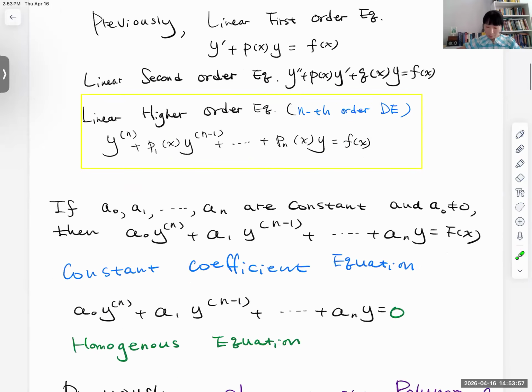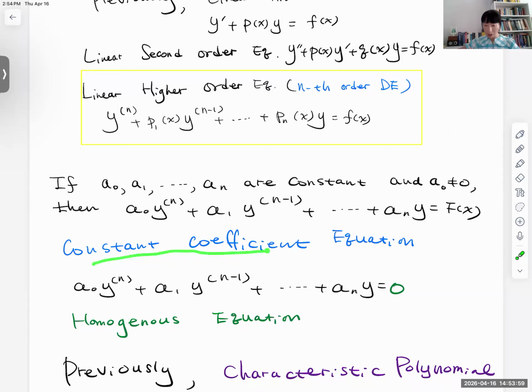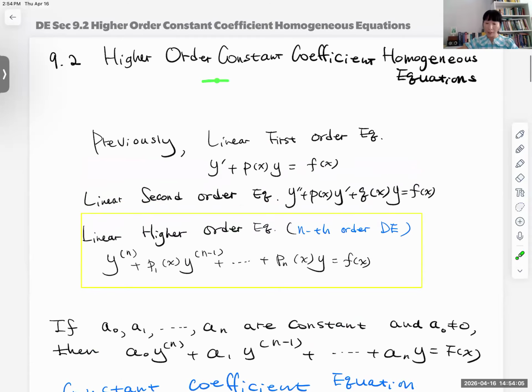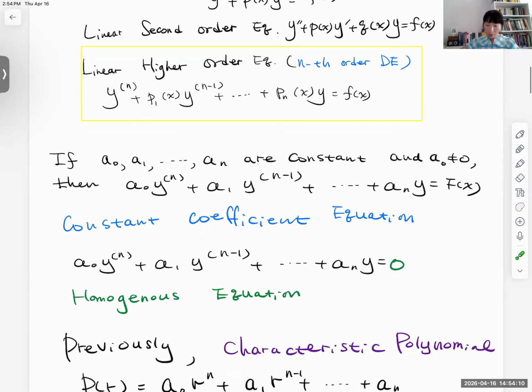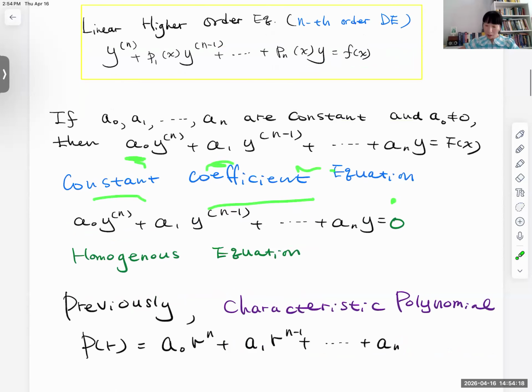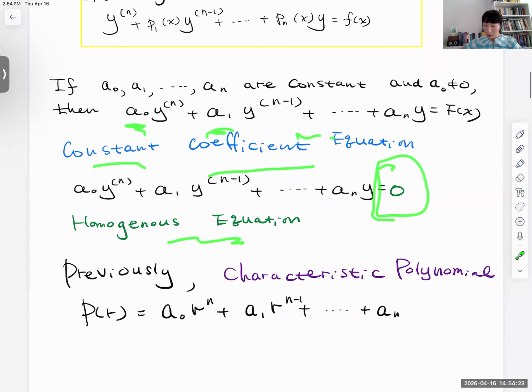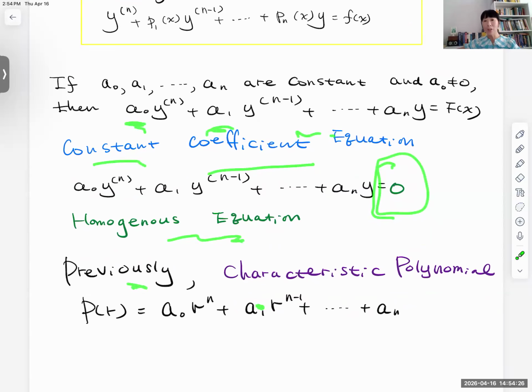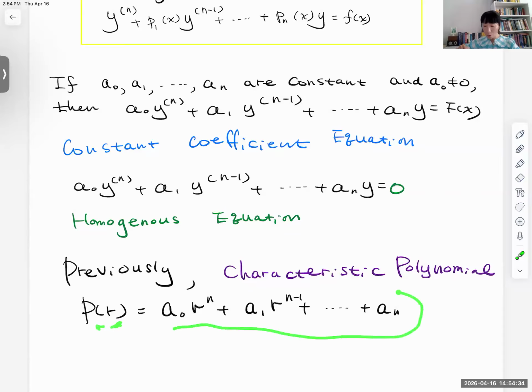Okay, now if we have a constant coefficient equation like the title, right? So 9.2 has constant coefficients. Then we call them a_0, a_1, and everything is a constant coefficient, and the other side equals 0, that's a homogeneous equation. Okay, then previously we had the characteristic polynomial, p(r), in this form.